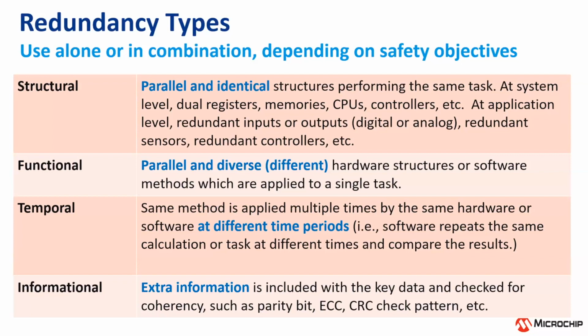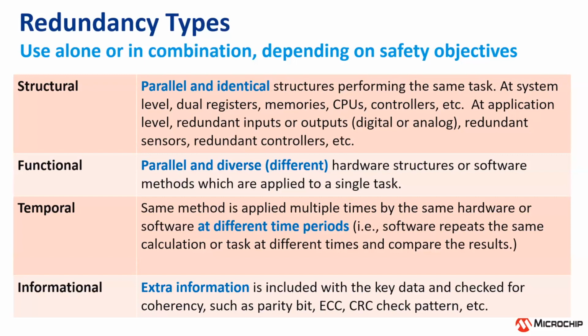So there are a lot of arguments that say that, hey, temporal redundancy is as good as some of these other redundancies. And actually, going back to my first example of a dual core microcontroller running in lockstep, a lot of times those lockstep cores are actually running out of phase, meaning that there is a temporal redundancy there because core number one does an operation and a few cycles later, core number two does the same operation.